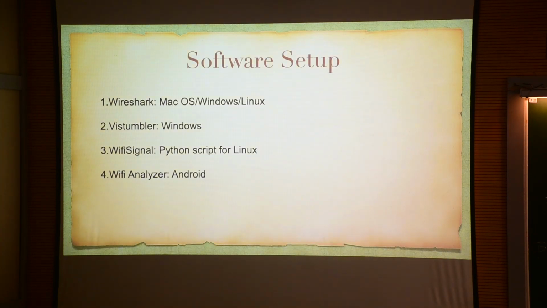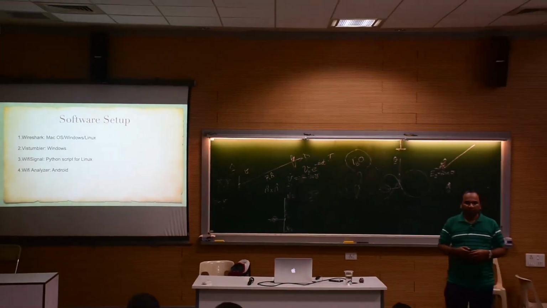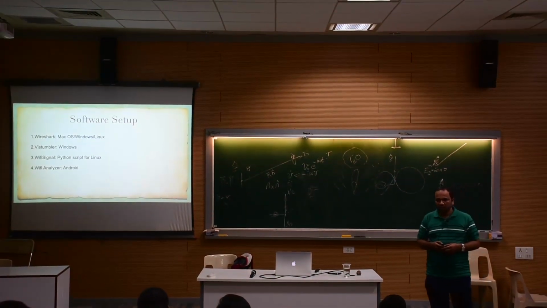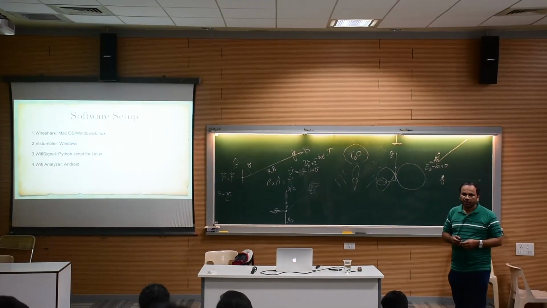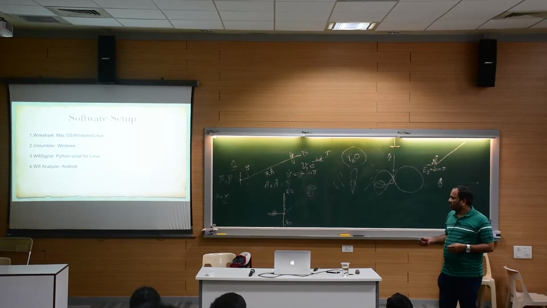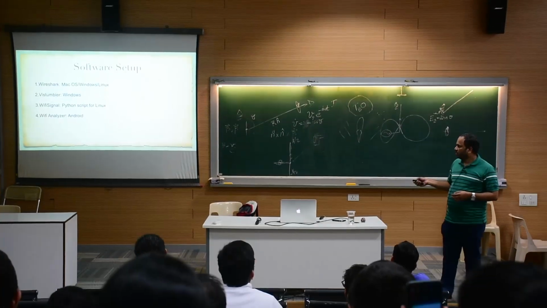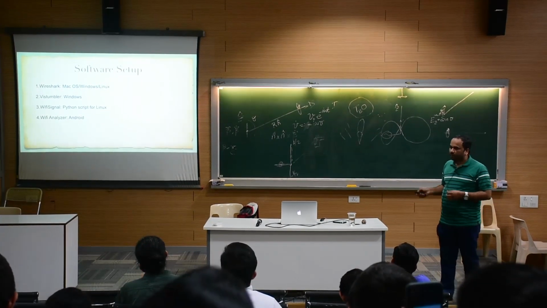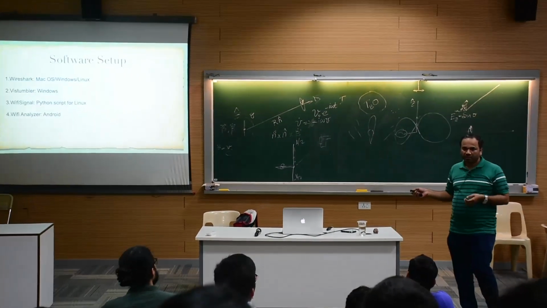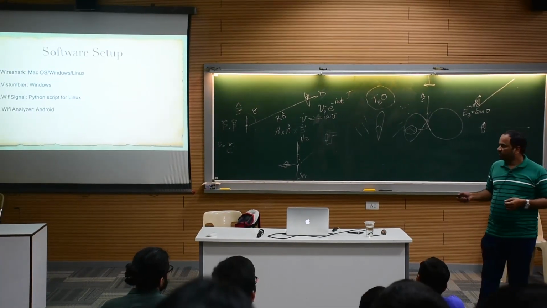About the software, if you're using a cell phone or laptop, these are a few open source softwares which you should be able to get online, and you can install them on your laptop or cell phone. Wireshark is for all operating systems, but we recommend it for Mac, and for Windows we recommend the Wisdombler software.